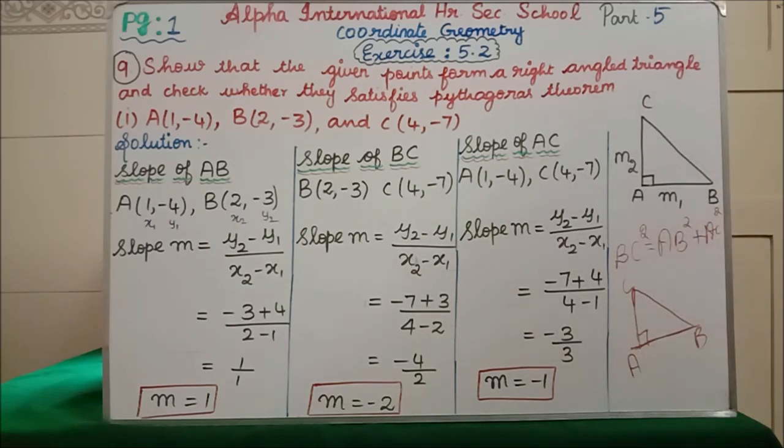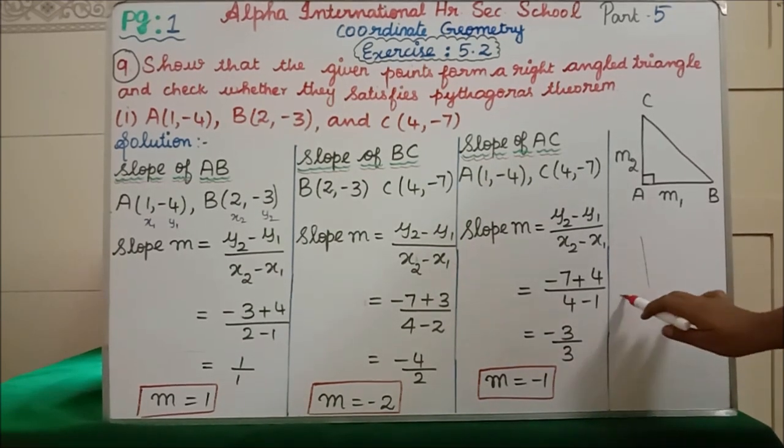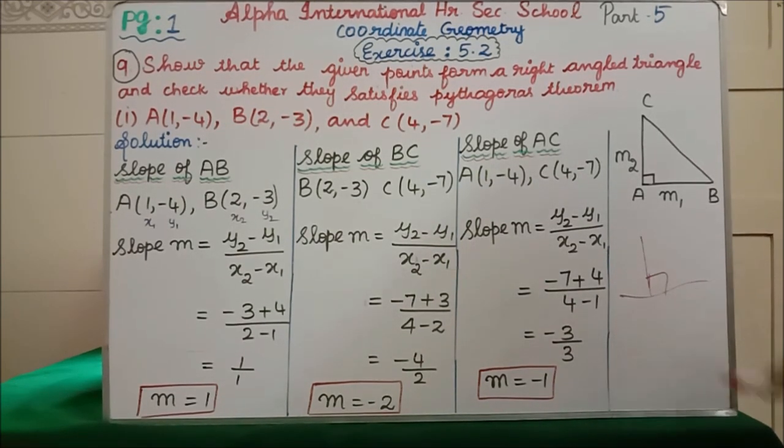So now what we are going to do is see which two slopes, if we multiply, give minus 1. Why are we going to see this? In the question they have given a right angle triangle. Right angle triangle means what? The line should be perpendicular to another line, isn't it? So the perpendicular concept we are going to use here.